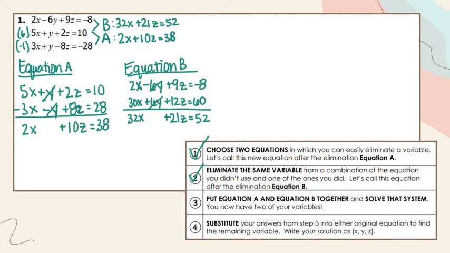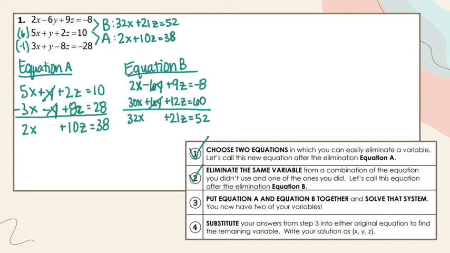Now it says to put equation A and B together and solve that system. Okay, so equations A and B, I am going to use the substitution method on these. Actually, no, I think I'll continue using elimination.